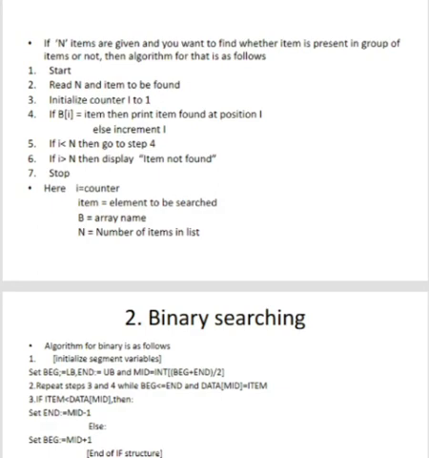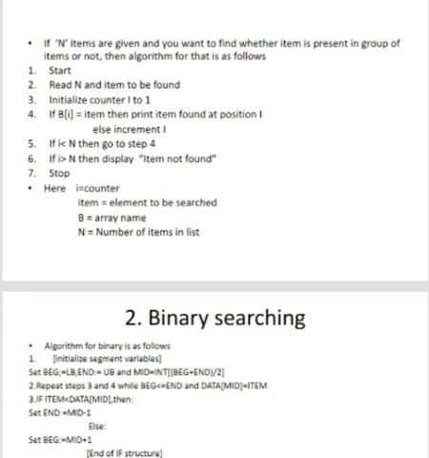The variables BEG, END and MID denote respectively the beginning, end and middle location of a segment of elements of data. This algorithm finds the location LOC of item in data or sets LOC equal to null.